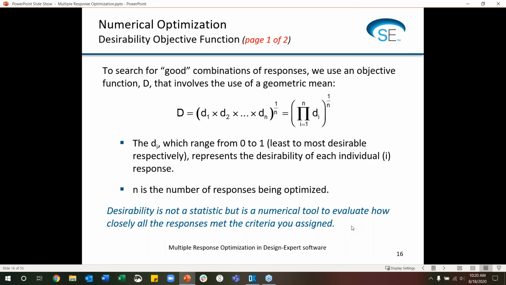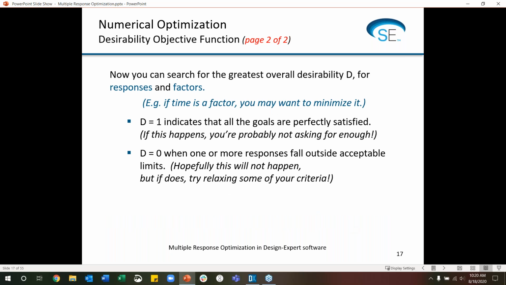So, it's actually fairly simple to change desirability by changing the criteria. So we don't want to get focused on getting a desirability of 1 or close to 1. The solution with the highest desirability in the set is the best solution, whether that desirability is 0.5 or a 0.8. It's just a tool for ranking the solutions.